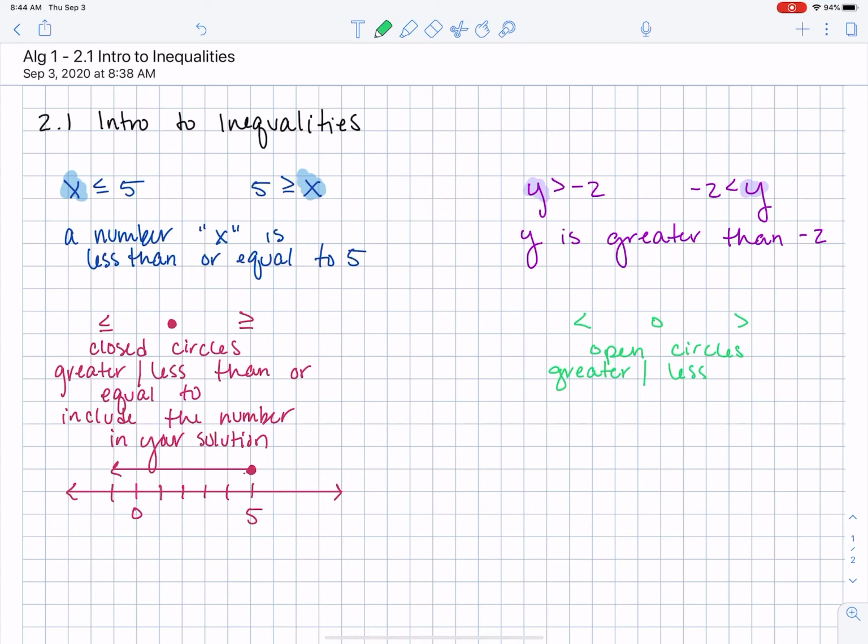So no equal to on that one. The key about that sign over here is this equal to. So on the open circles, you cannot include the number in your solution.